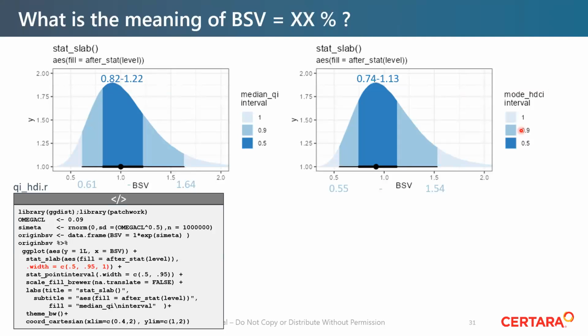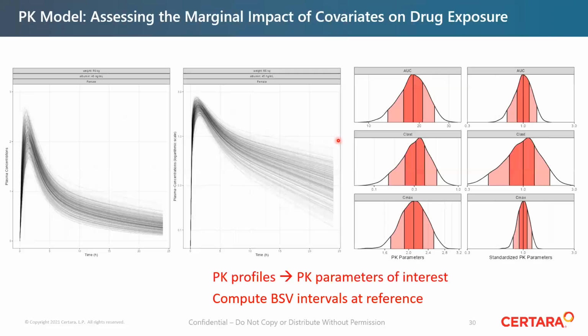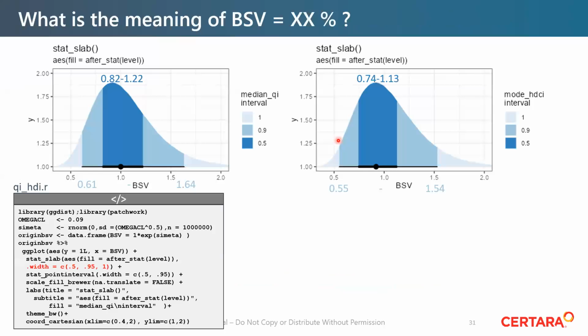Very quickly, when we have BSV, how do I illustrate my BSV in a forest plot context? From my simulation, I compute a distribution, say, normalized. Think of it as clearance, or we can transform it into AUC.